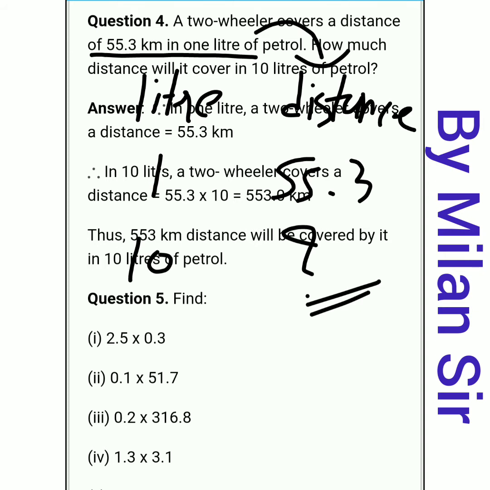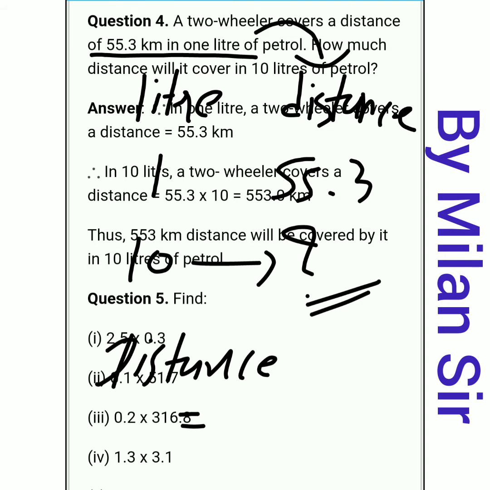Here it is liters. So for 10 liters of petrol, the distance covered by the two-wheeler is equal to what?